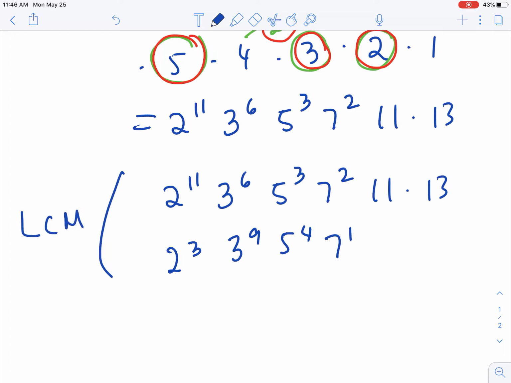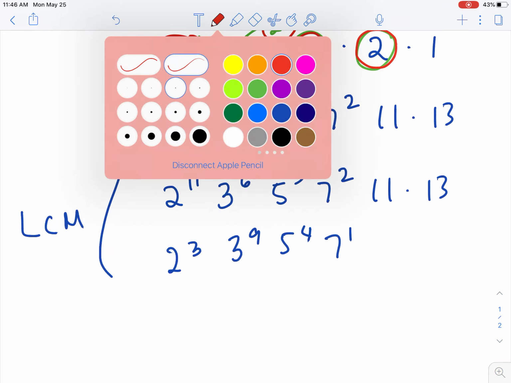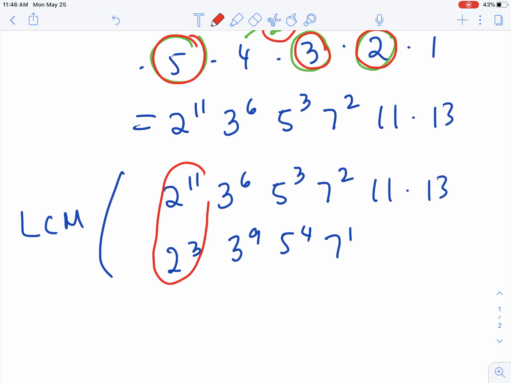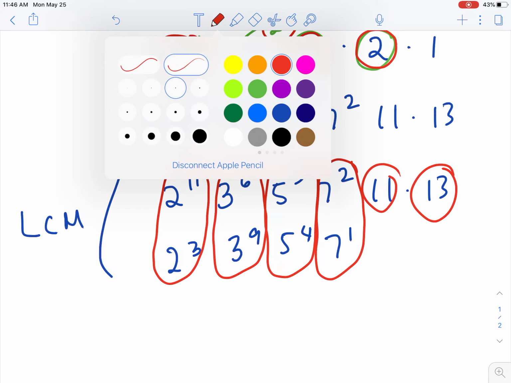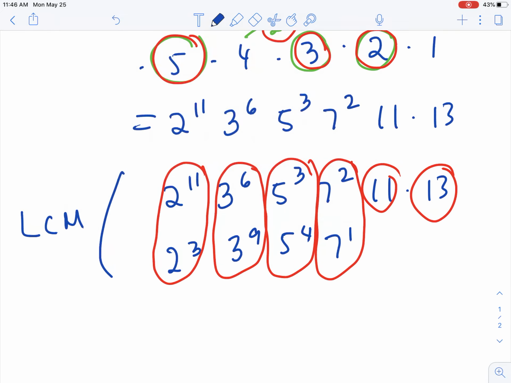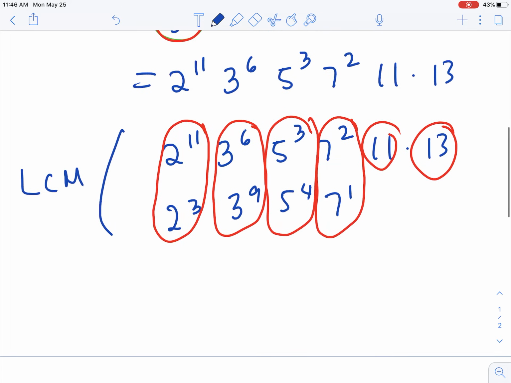And pag naka-prime factor siya, recall that to get the LCM, dapat igrupo natin yung mga parehong prime raised to a power, and then kukunin natin yung mas malaking number. Yun yung kanyang LCM, no? Tapos pag walang kapares, like 11 and 13, isasama natin yan sa LCM.